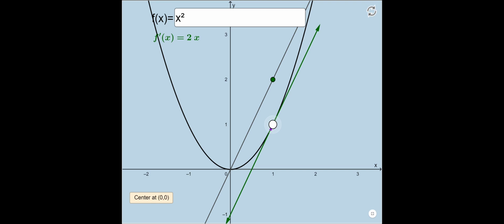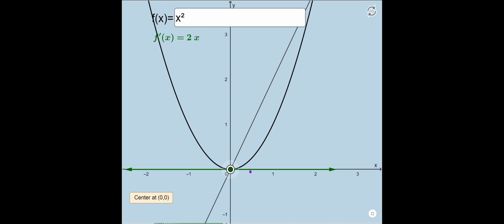This graphic is somewhat good. What you can do is you could actually change the location of this point. So let's, for example, come down to over here. Okay, so this is when x is equal to 0, and when x is equal to 0, the point on your graph is (0, 0).